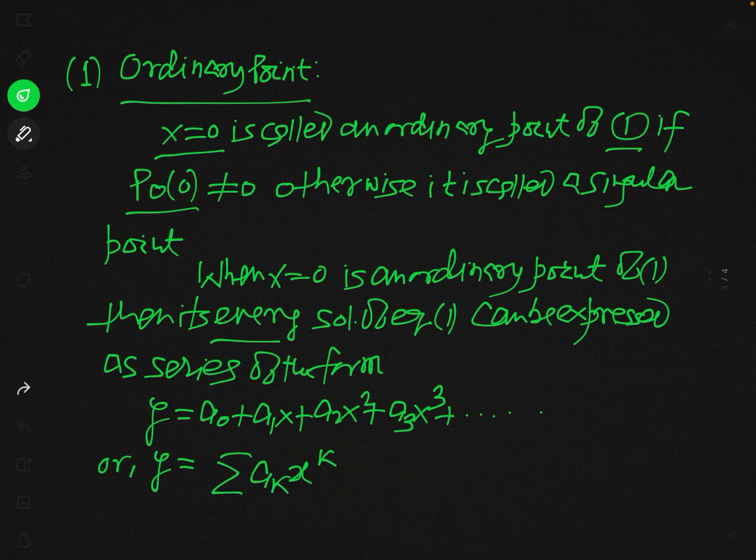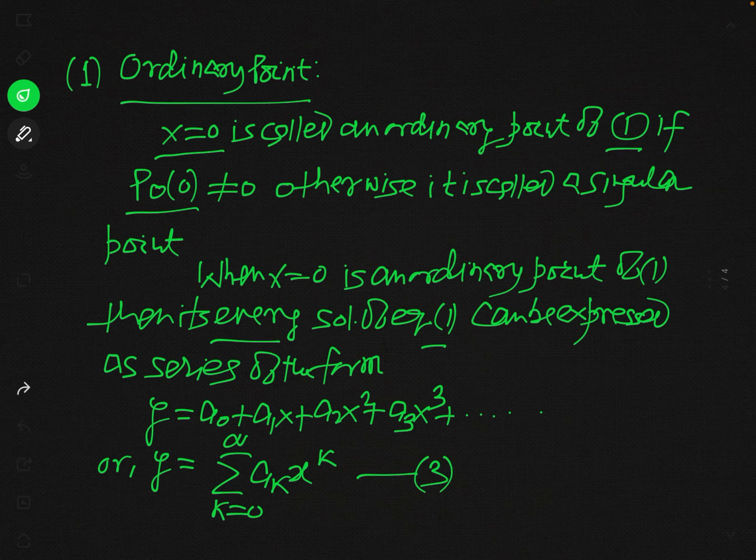Or in compact form, we can write y equal to summation of ak x to the power k, where k runs from 0 to infinity. So actually, if x equal to 0 is an ordinary point of equation 1, every solution of this equation will be expressed in the form of this series, y equal to a0 plus a1x plus a2x square plus a3x cube and so on.